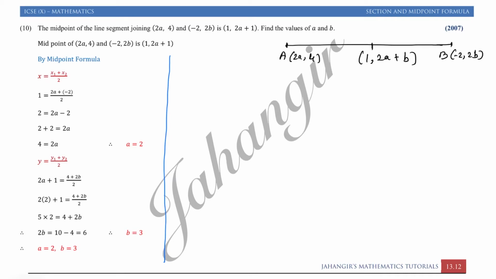We have to find the values of small a and small b. So here we can say midpoint of, by midpoint formula, this is M. By midpoint formula we can mention x1, this is x1 y1, this is x y and this is x2 y2.